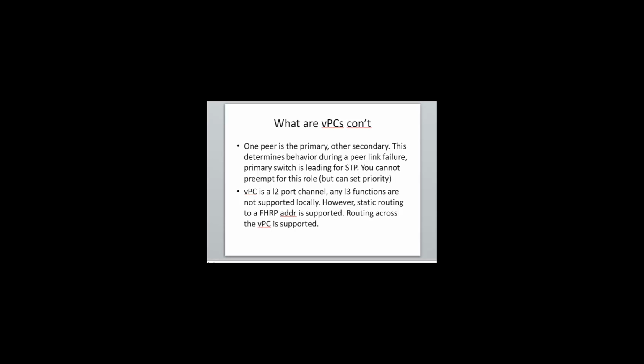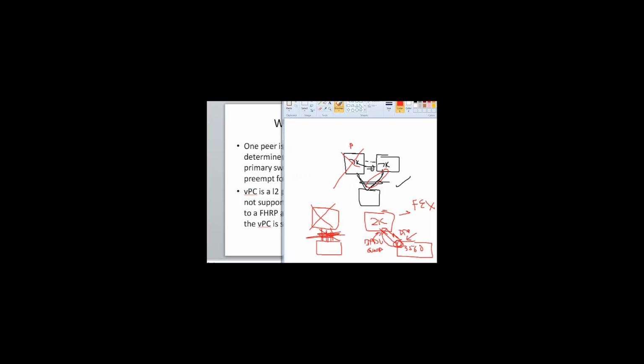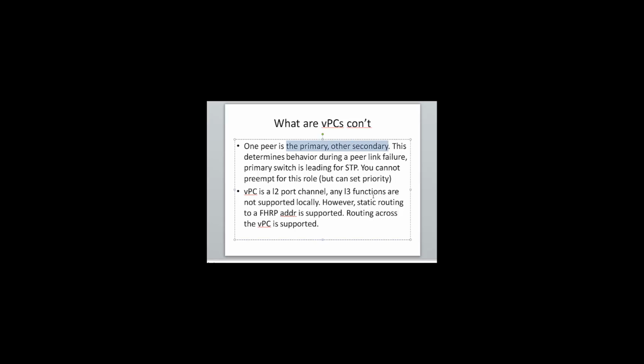Next, so what are the VPCs? Continued. Basically, when we have these two peers, we have a primary and a secondary. This determines the behavior during the peer link failure.